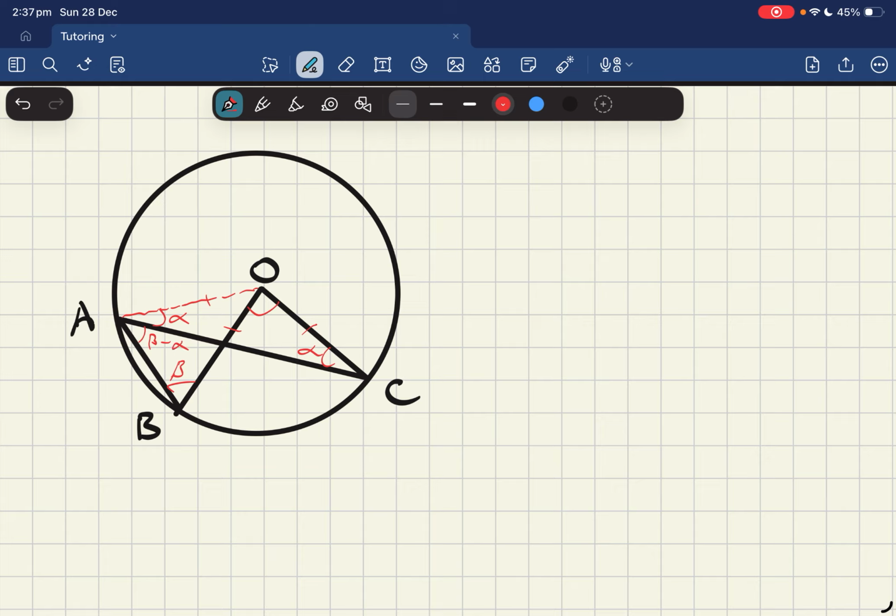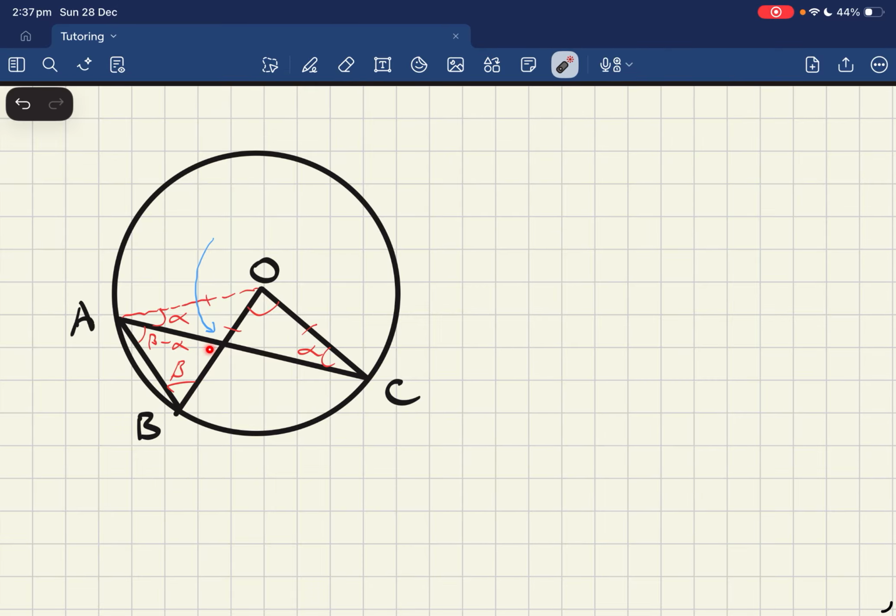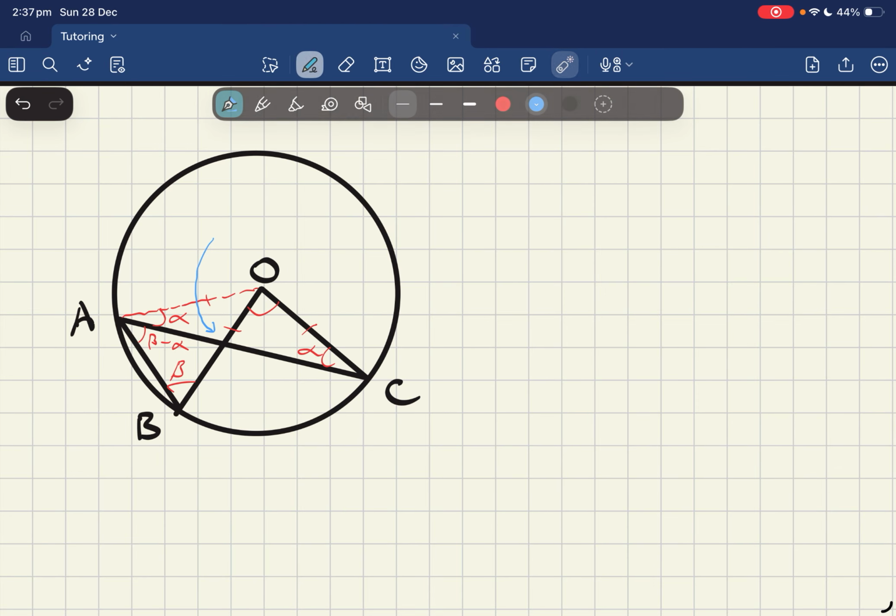Now, what we're going to notice is something about this particular angle here. Do you notice that, once again, this is an exterior angle to this triangle in here? So thinking back to what we know, the angle on the outside, the exterior angle, is equal to the sum of the two interior angles. So I'm going to write that here.